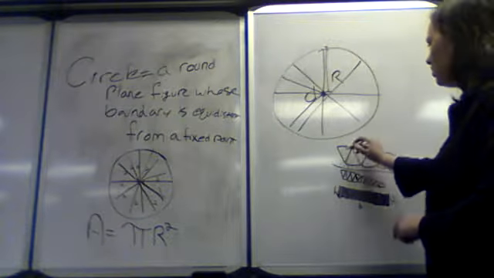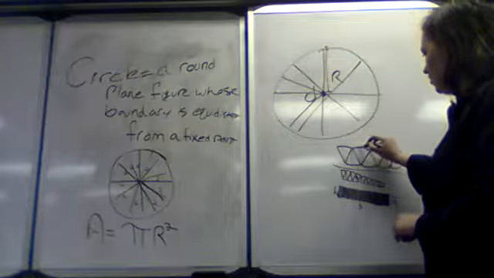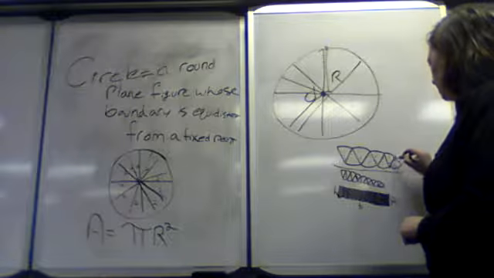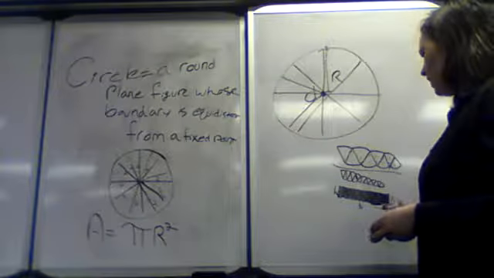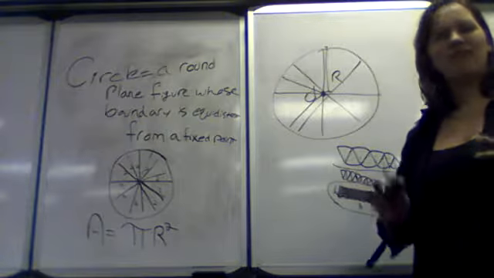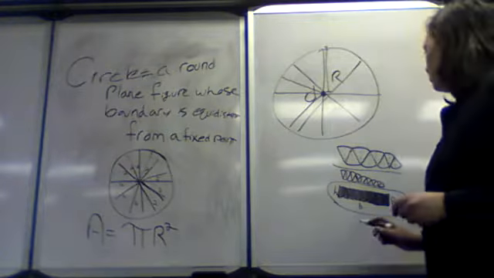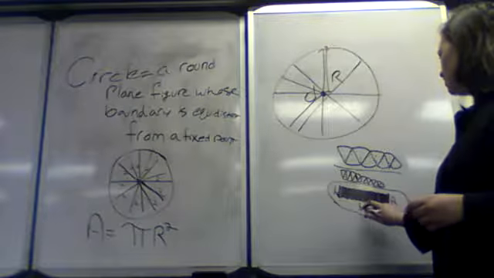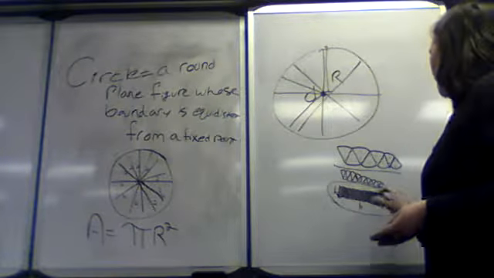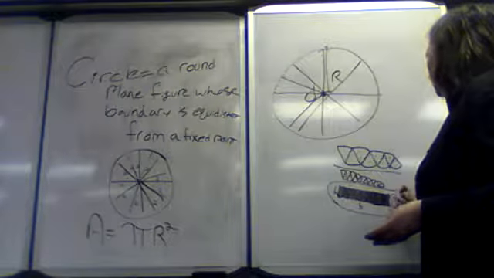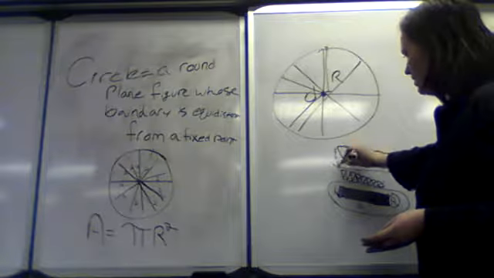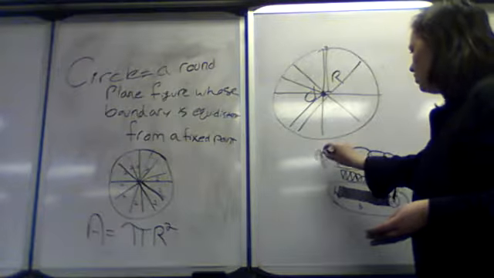If you cut it even smaller, cut all of these right down the middle, and line them up in the same fashion, they'll look something like this, and if you keep doing that, you'll eventually get here, which looks like a rectangle, but you have to do this an infinite number of times. And then you can just say that you have base times height, much like a rectangle. In this instance, the height is going to be your radius, because no matter how many times you cut it in half, you're always going to have this side, which is always the radius.